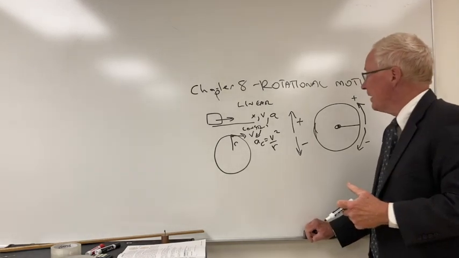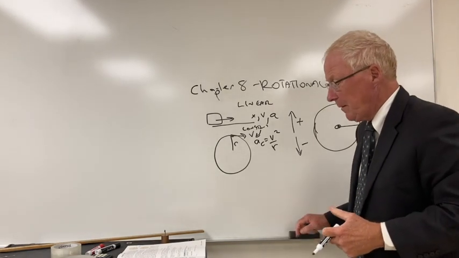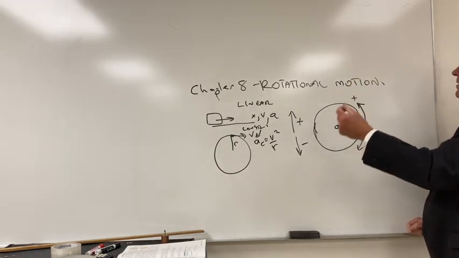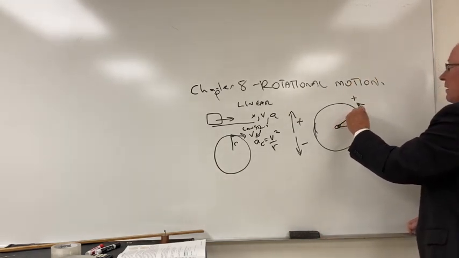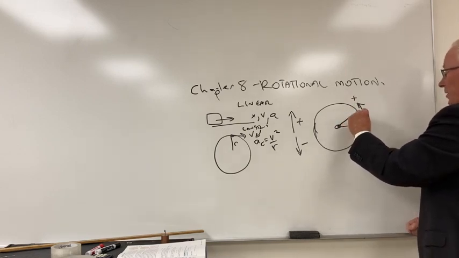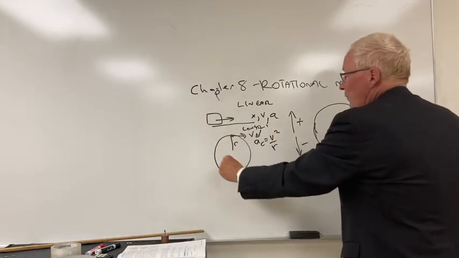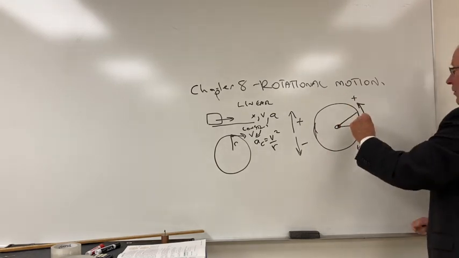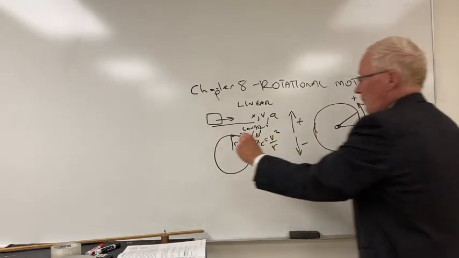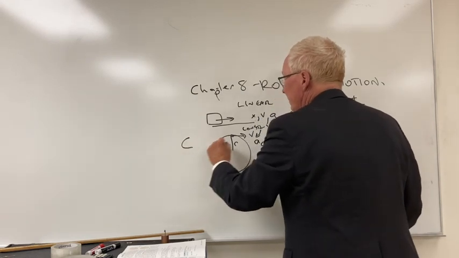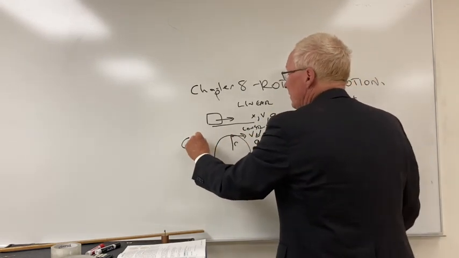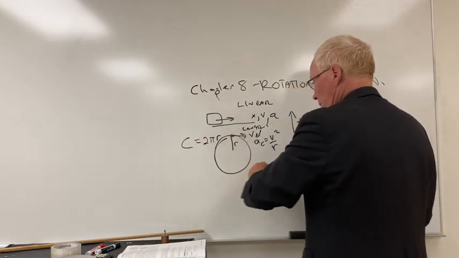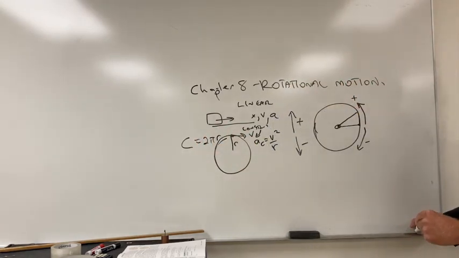What we're going to introduce here are concepts of rotation. When you move on a circle, the circumference C is 2 pi r, so the distance around is 2 pi r.